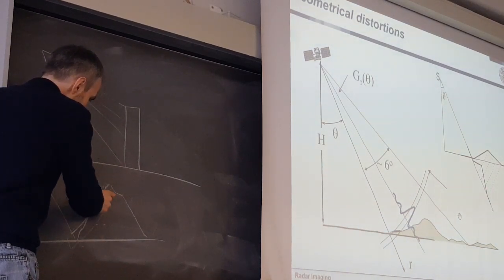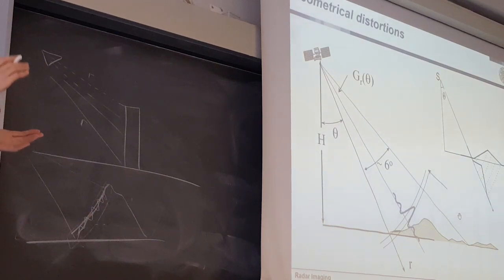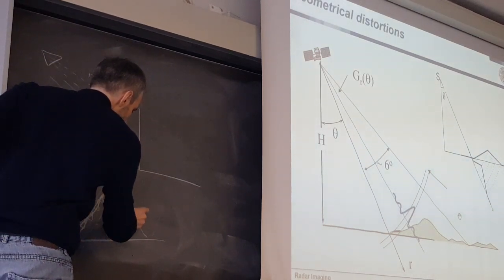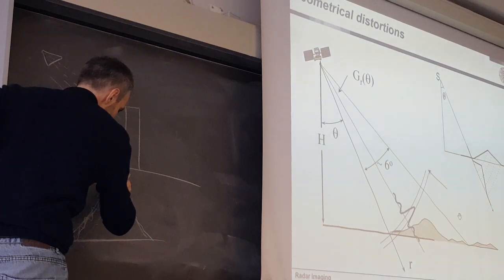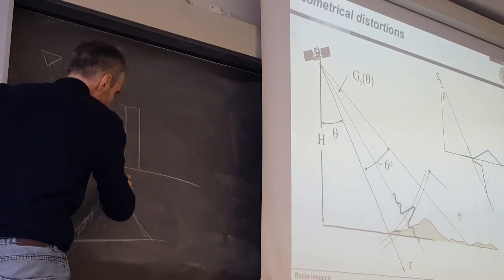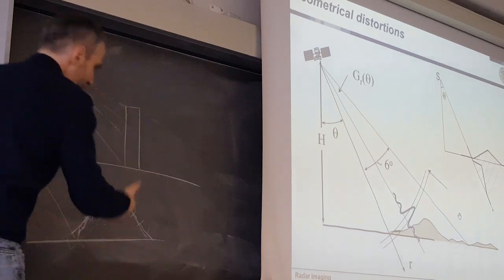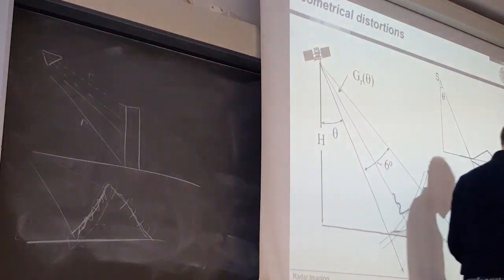So all these points can be squeezed onto a single pixel. Whereas on the other side, all the different points will appear at different ranges.